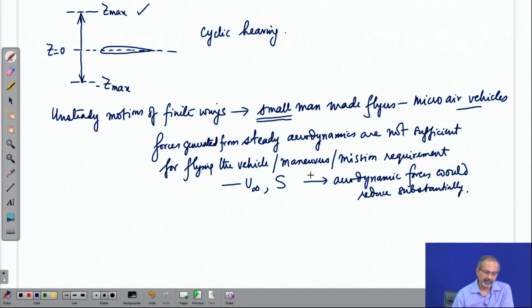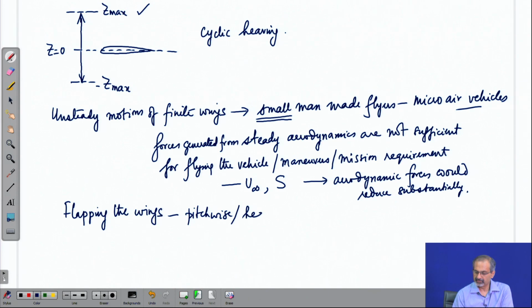And that is where flapping the wings either pitchwise or heave-wise or more often in a combined mode, and there could be more modes of motion involved here. For example, sweeping of the wing.